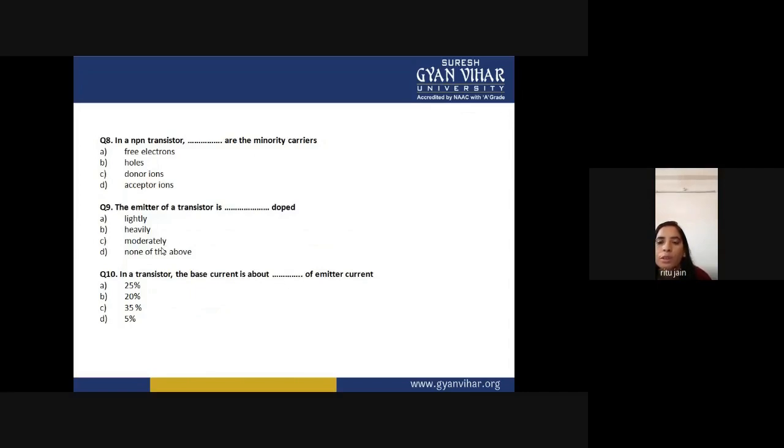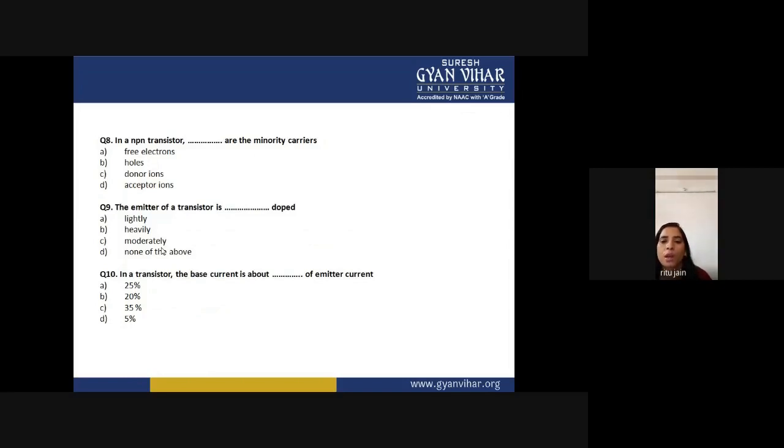Now, next question. The emitter of a transistor is doped. I have already told you, it is the highly doped layer. There are three layers: base, collector, emitter, and the highly doped layer in a transistor is your emitter.